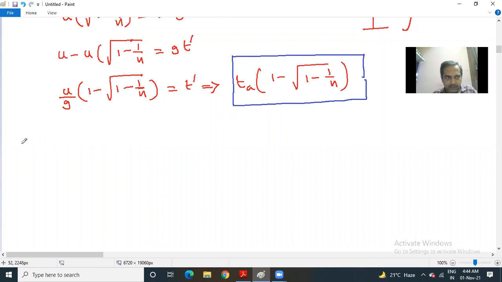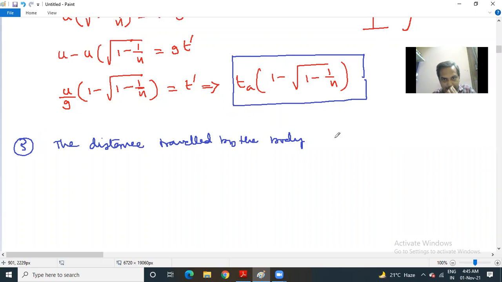So let us say this is the fifth one. The distance traveled by the body in its last second. In its last second, so let us make use of S nth is equal to u plus a of n minus half.